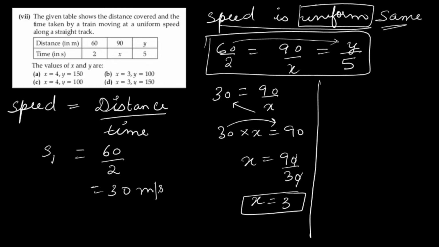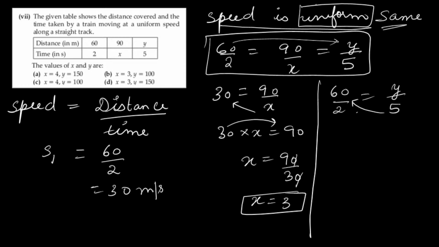Now we have to find the value of y. The same way, first and last, or second and third, we can do, because we know the value of x now. I'm just going to use first and last. So 60 by 2 is equal to y by 5.